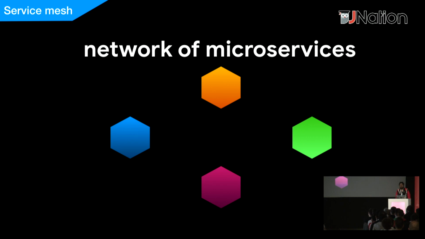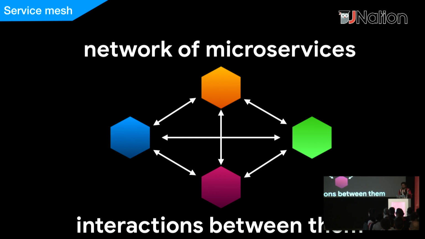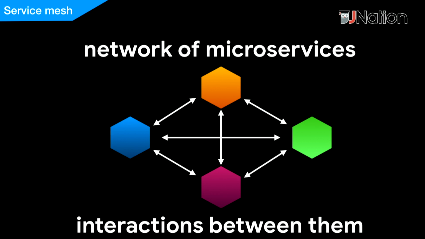OK, so service mesh is a network of microservices. So you have a network of microservices that can interconnect between them. That's the basic thing of service mesh. A service mesh is nothing but a network of services that can interconnect between themselves.